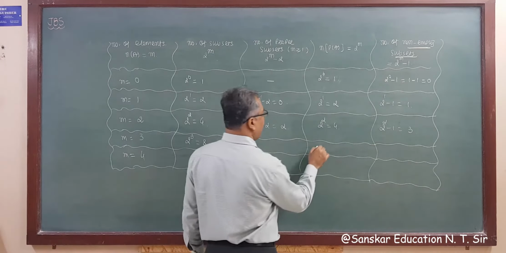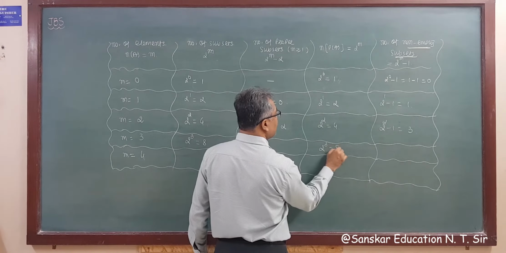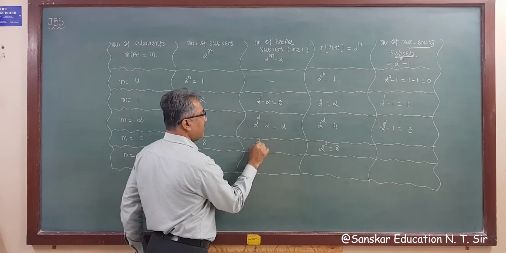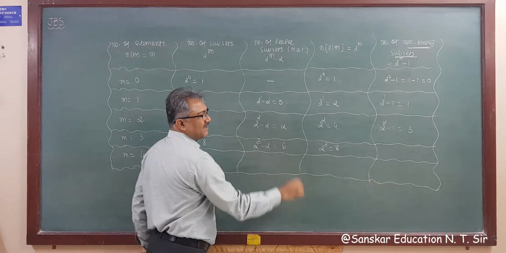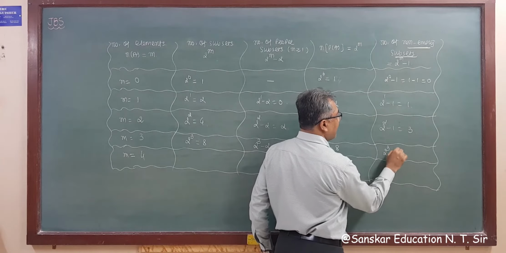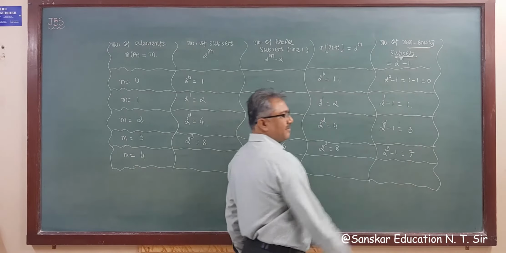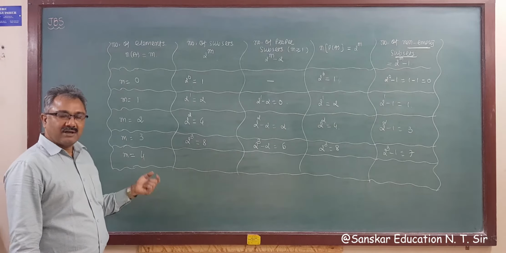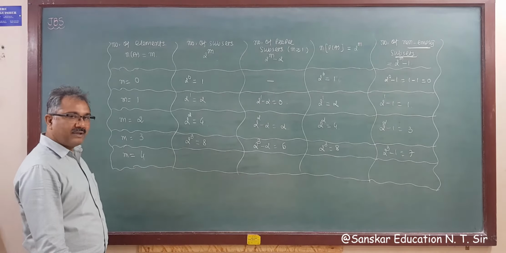Same number of power set, 2 raised to 3 is equal to 8. And for proper subsets, 2 raised to 3 minus 2, that is 6, right? And non-empty subsets is 2 raised to 3 minus 1, that is 7. 8 minus 1 is 7.